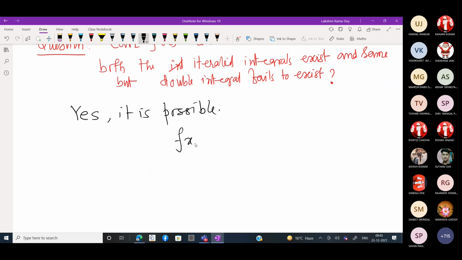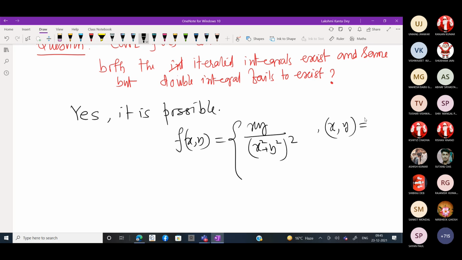If I take f of x comma y to be xy divided by x square plus y square, its whole square, whenever x comma y is not equal to 0 comma 0, and it is 0 otherwise.